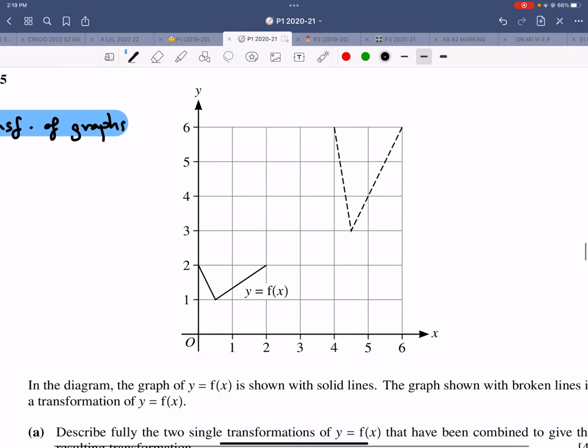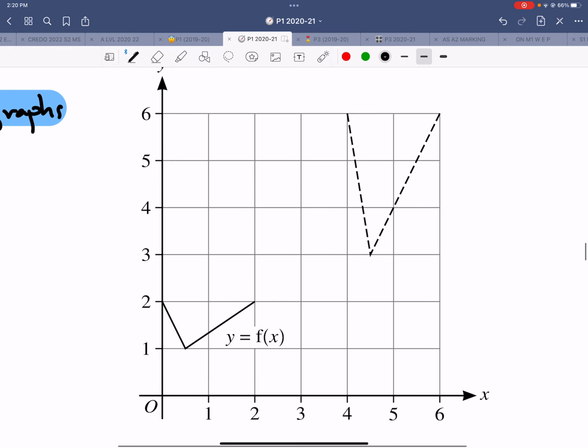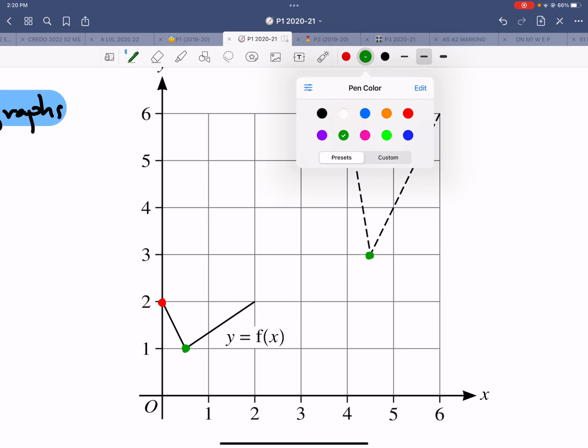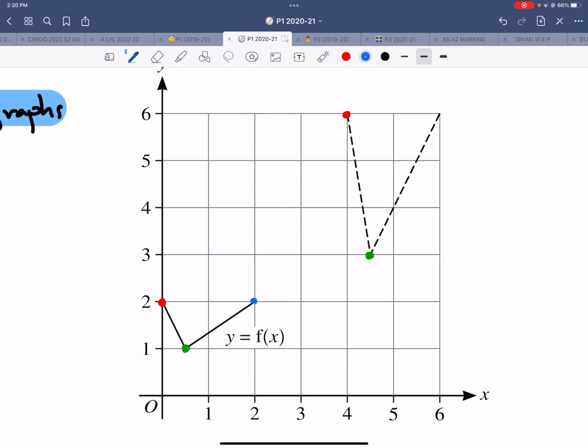If I focus on the graph, there are 3 points that I can consider. The first point is this particular point, and that corresponds to this. The second one is this particular point that corresponds to this. The third one is this blue point, and that corresponds to this.